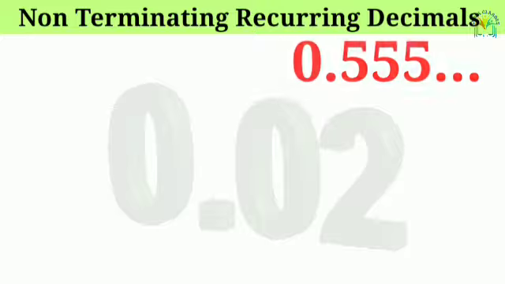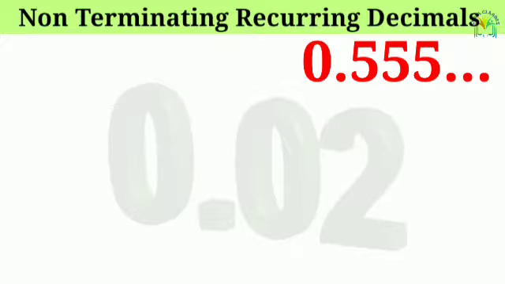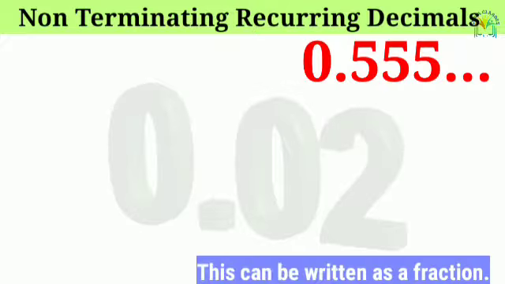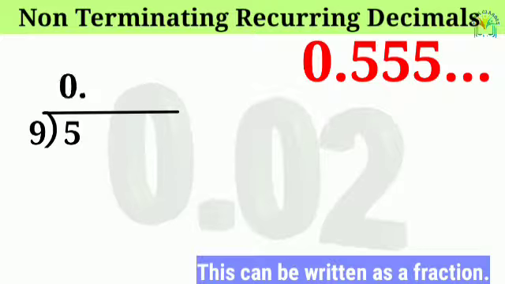If the fractional part of a decimal is infinite, then the decimal is a non-terminating decimal. If the numbers in the fractional part are repeated, then it is a recurring decimal. This decimal can be converted into a fraction.